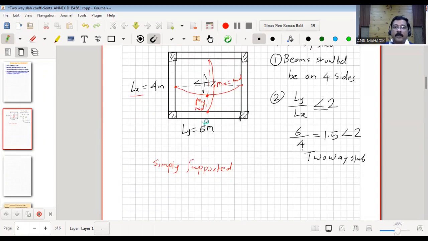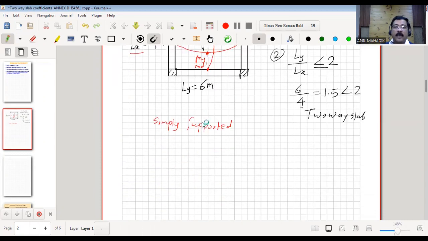Okay, so all of you know that whenever we calculate any bending moment, let's say for a one-way slab which is simply supported, the bending moment is nothing but WL square by 8. L is the shorter span, Lx.